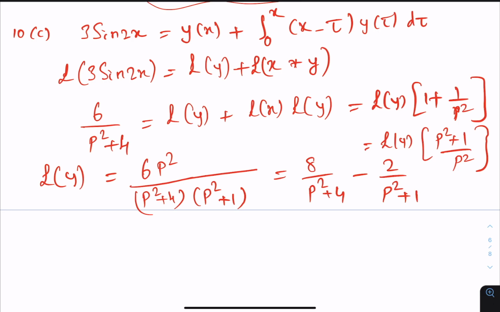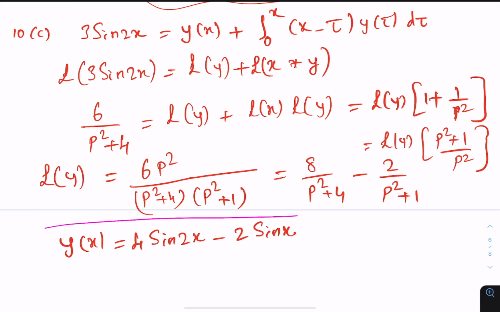Now this is something which we know the inverse Laplace of, so y of x is precisely 4 sine 2x minus 2 times sine x, and that's your solution.